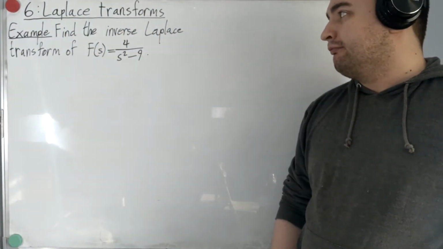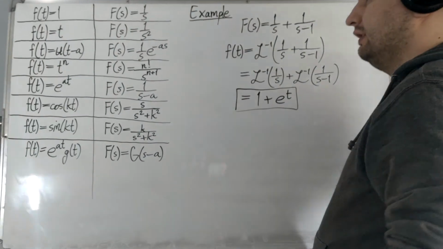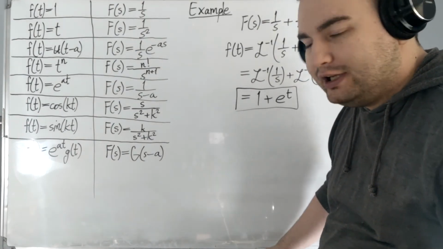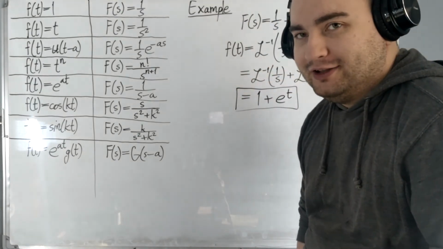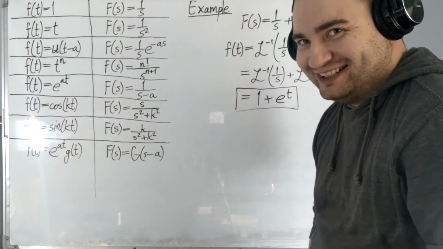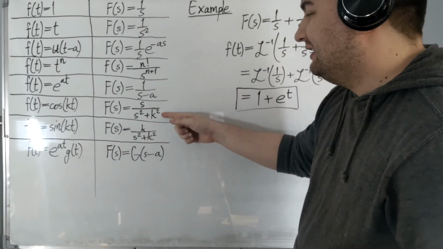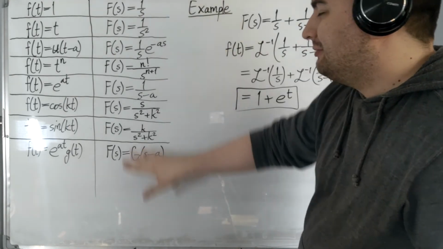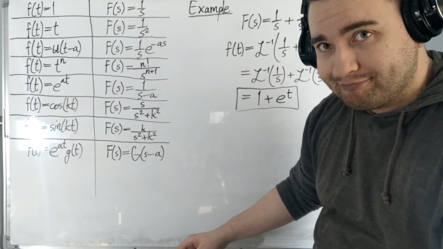So, the first thing you ought to do is look at the right side of this table here just to see if there's anything that actually matches up. The answer is there's nothing that matches up. You have s squared plus some things here, but never do you have on this table s squared minus some things in the denominator. Okay?